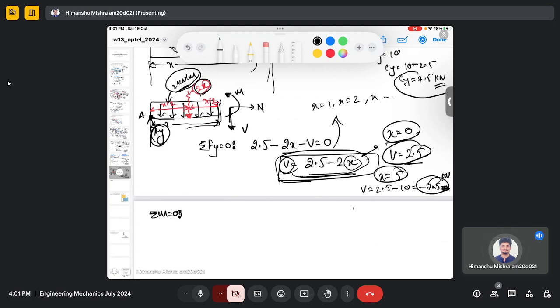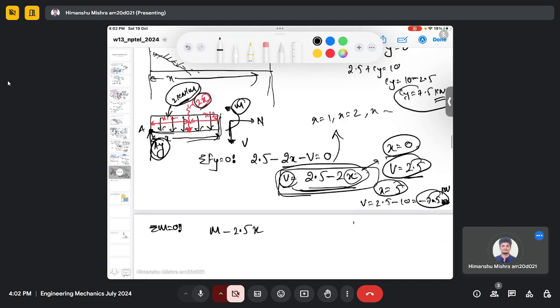Similarly, you can calculate the moment. For moment, you have M here, which is the unknown moment. Then you have minus 2.5x. Now there will be a moment due to this force 2x, in the anti-clockwise direction, so it's 2x, and the perpendicular distance is x by 2.